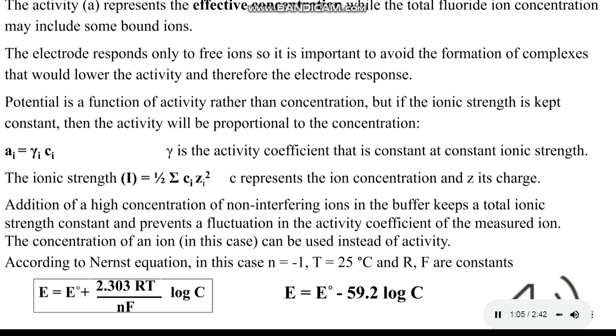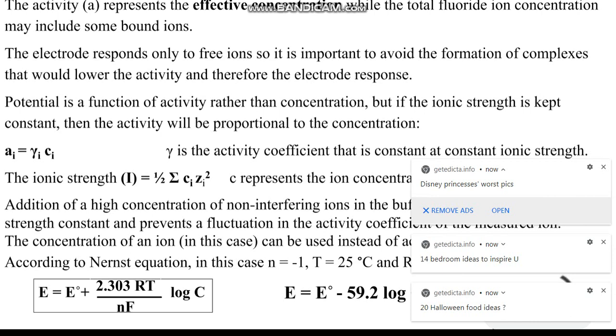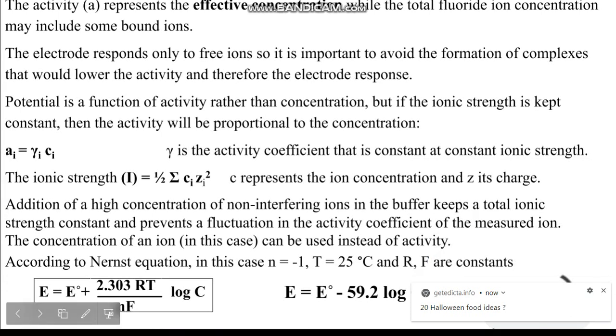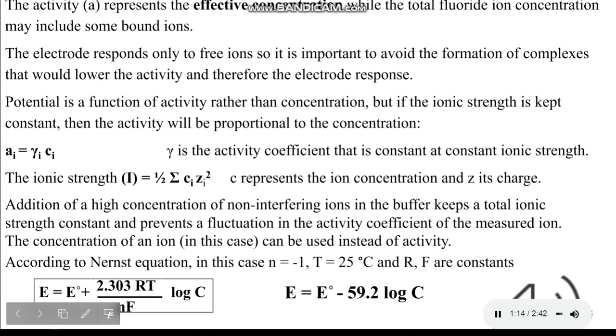The ionic strength that keeps the activity coefficient constant is related to the charge and concentration of each species of ions in the solution. Ionic strength I equals half the summation of concentration multiplied by the squared charge of each species in the solution.